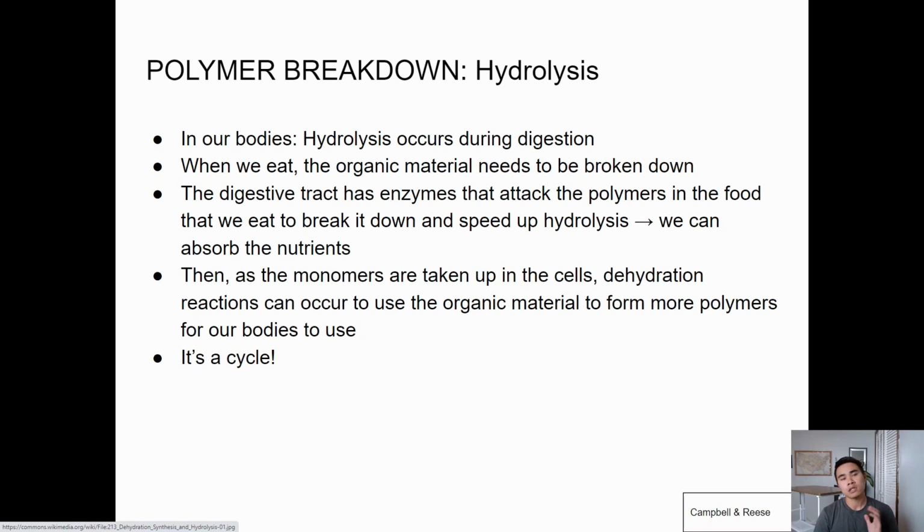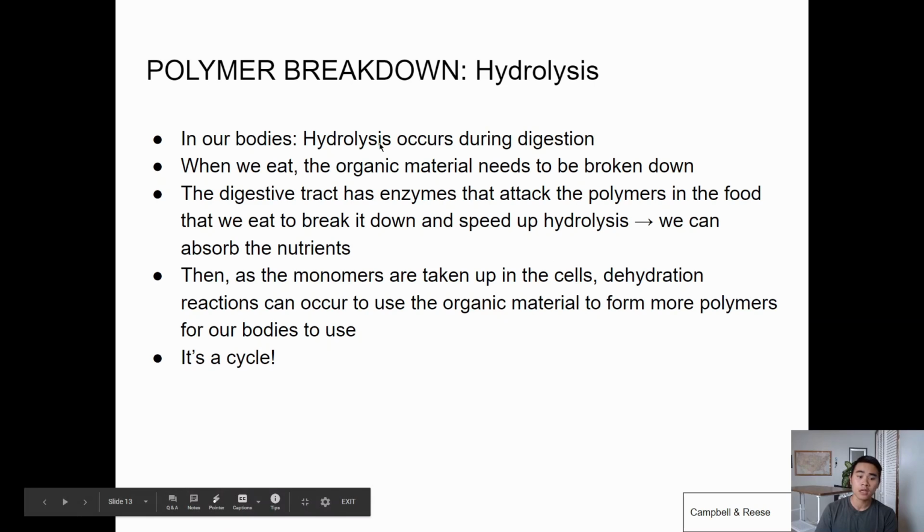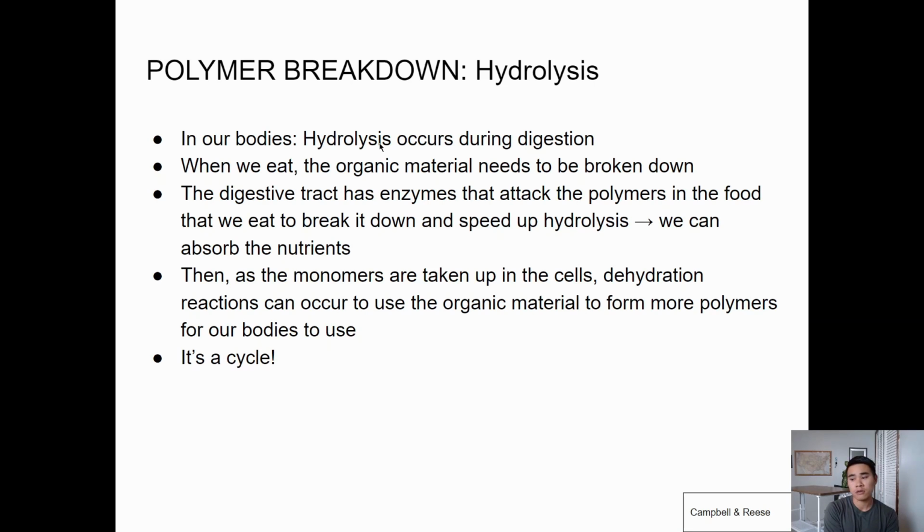Okay, so hydrolysis in our body occurs pretty often. So when we eat, we need to break down that organic material. And we have different places in our body that continue to break it down. And let's say you eat a carb, and that's a polymer. You need to break that down into its individual monomers so that the body can use it. So hydrolysis is the reaction that occurs. And in the same way, when we break it down, we use it in different areas.